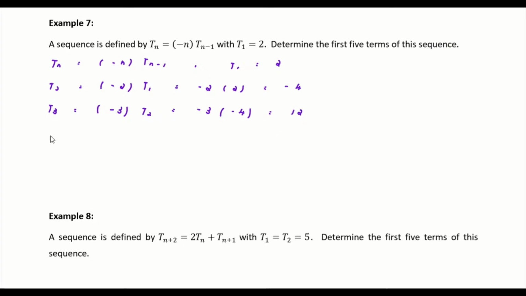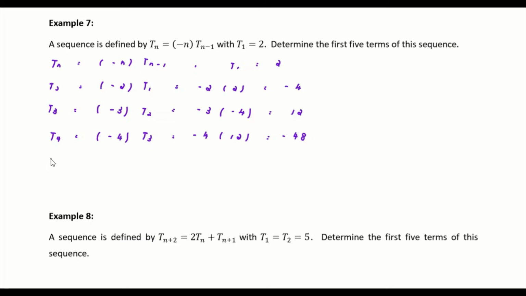Okay, so move on to T4. The same thing, negative n, my n here is 4 now, so negative 4. Tn minus 1 is T3. So T4 equals negative 4 times T3, which is 12, and that gives me negative 48.